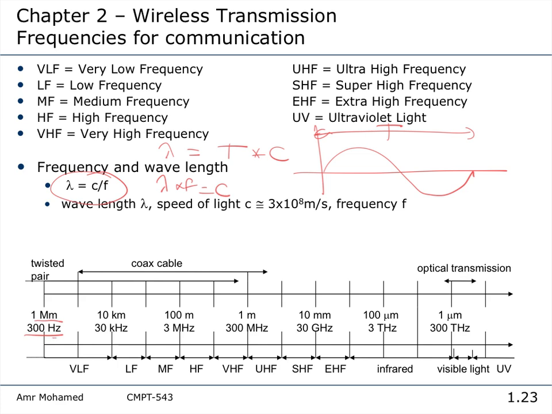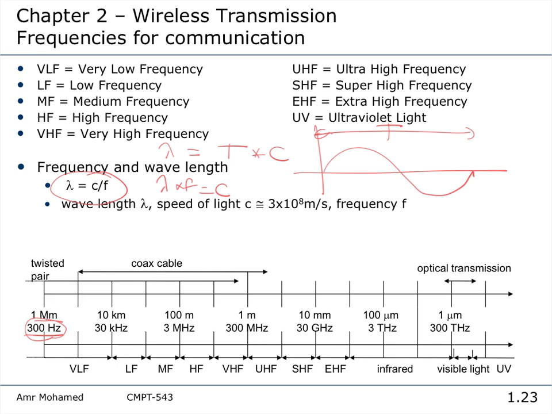So when we talk about very low frequency ranges, 300 hertz, this is quite low. As we said, even our voice has 4 kilohertz bandwidth. And when we talk about ultrasound, it reaches 20 kilohertz. Right, so 300 hertz is very, very low.